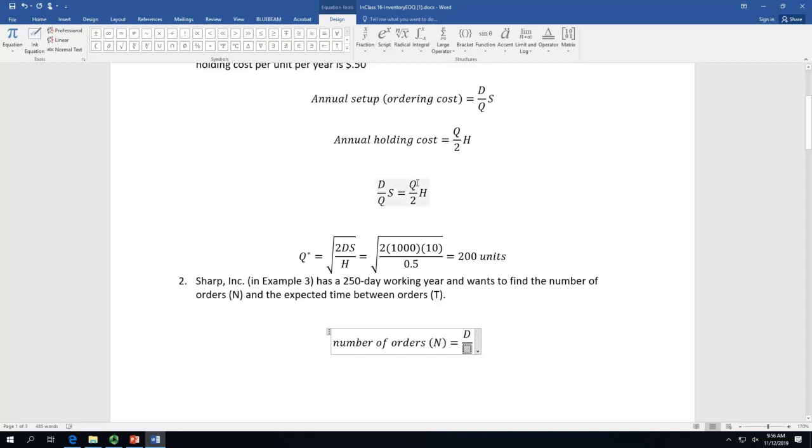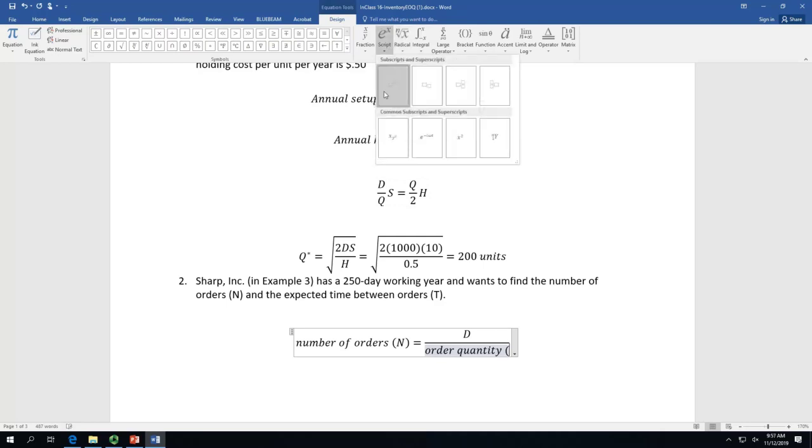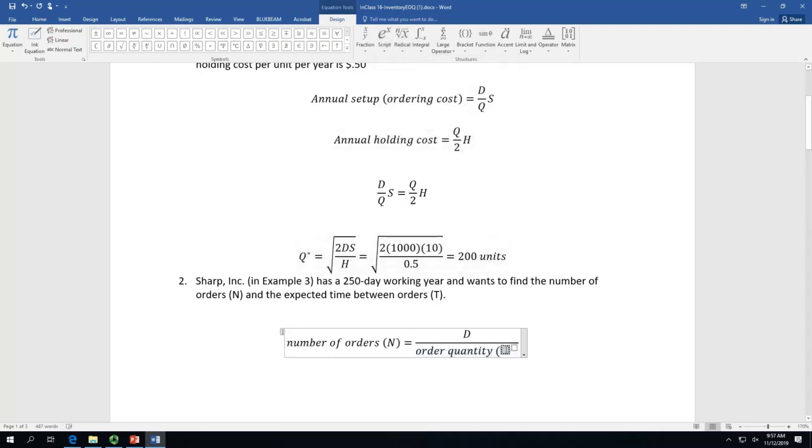So here, this one should be the order quantity, Q star.